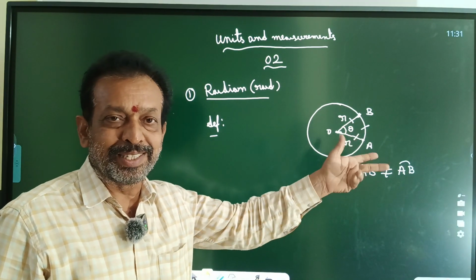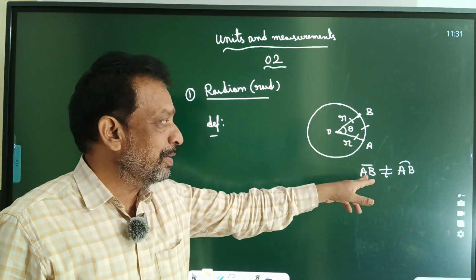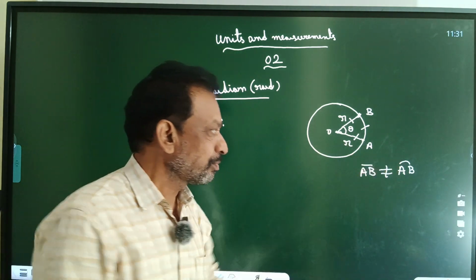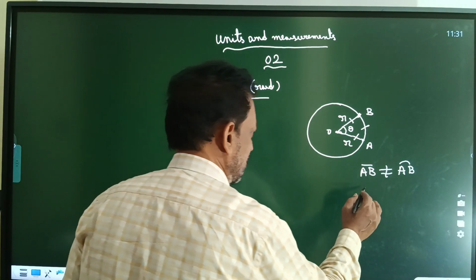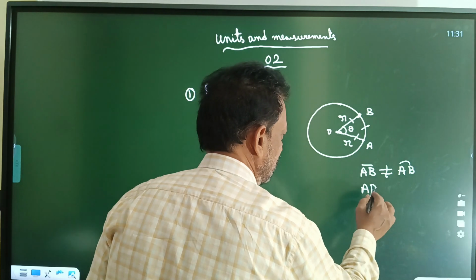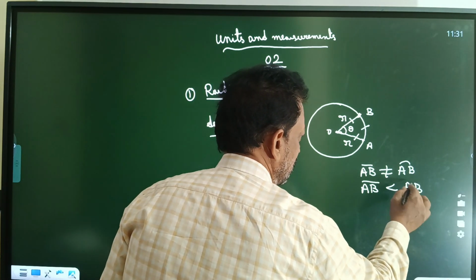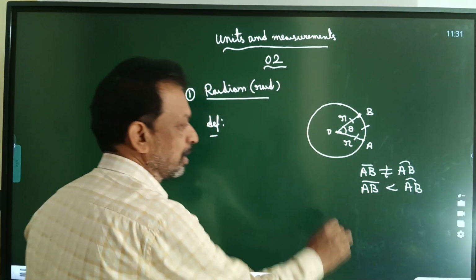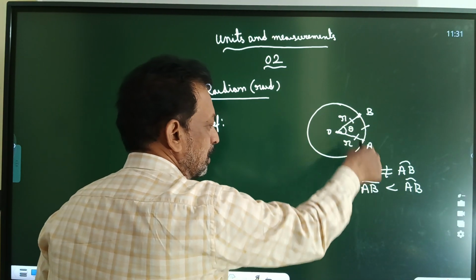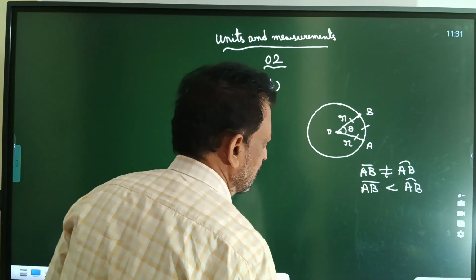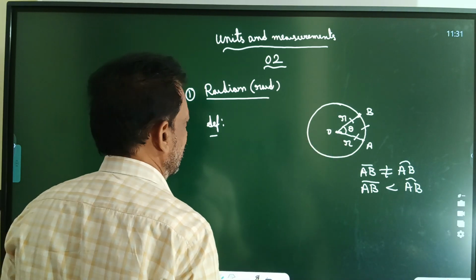Everybody knows it, but it is not 60 because the straight length AB is less than the arc length. So that's why it is not an equilateral triangle.